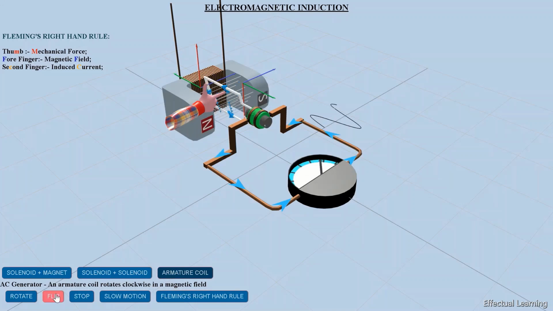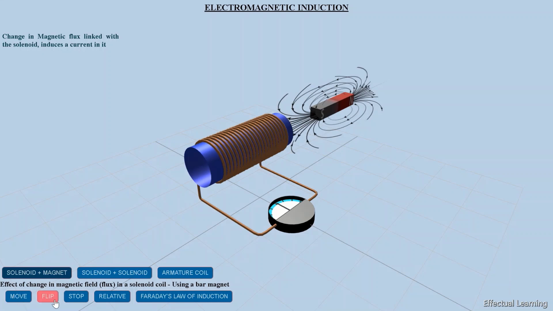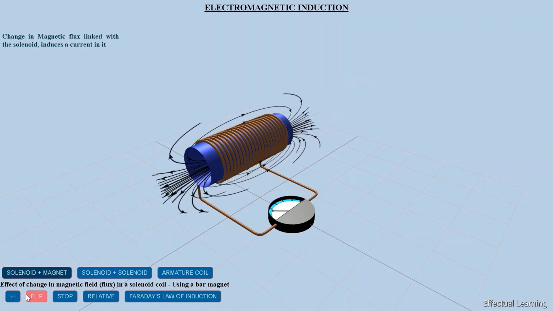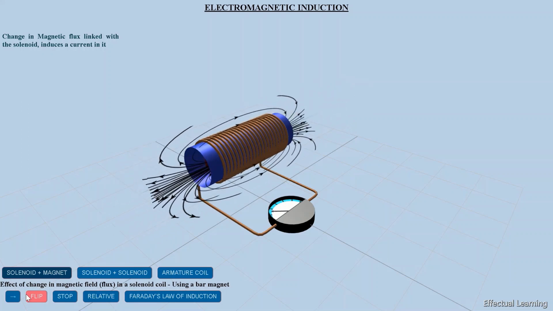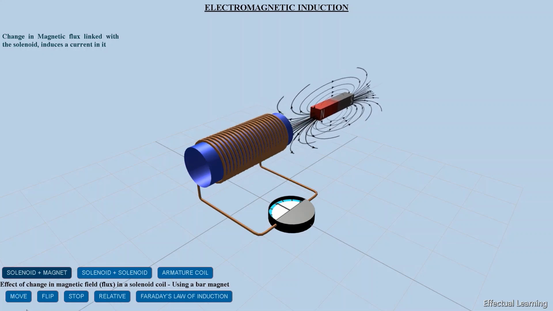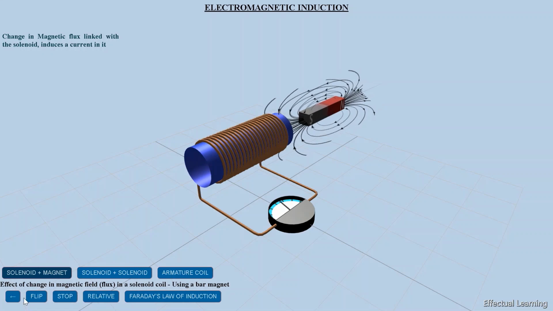Induction of current in the loop of coil can be explained by understanding Faraday's law of induction and Lenz law. When a bar magnet is moved inside a solenoid, we observe a deflection in the galvanometer needle connected to the circuit. If the bar magnet is rotated, the poles north and south get flipped.